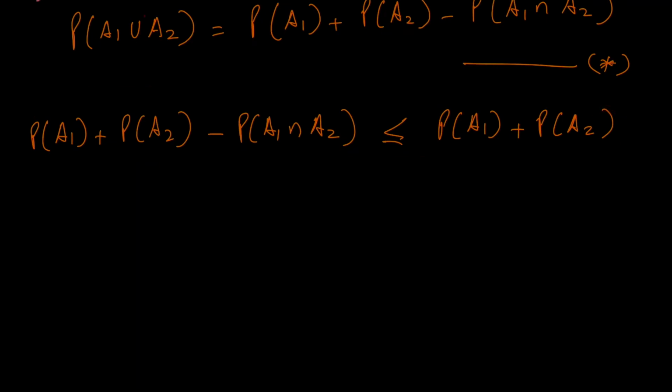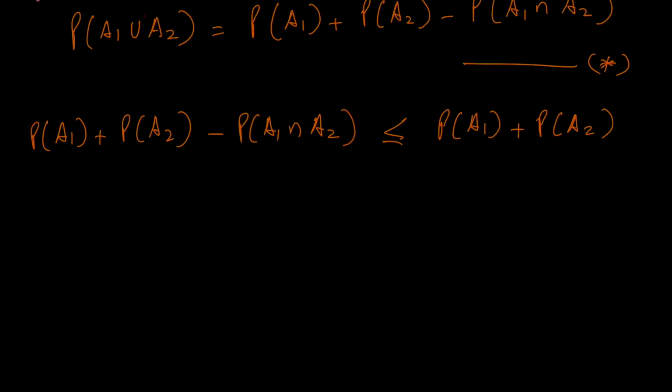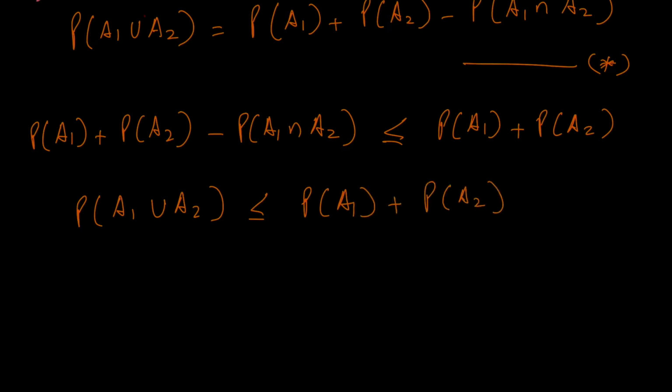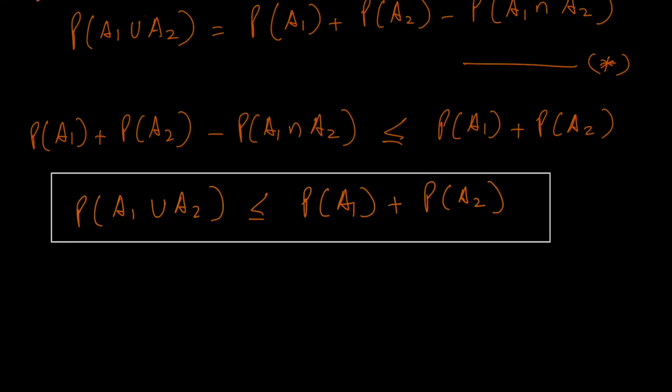From the theorem of total probability, we can write it as P of A1 union A2 less than or equal to P of A1 plus P of A2. Okay, so we have proved for n equal to 2 that this holds.